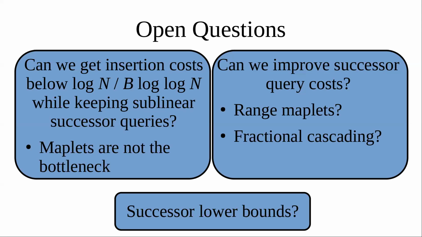Can we improve successor query cost? Right now, we're paying a higher than we would like startup cost in successor queries. People have proposed range filters; can we do something with range maplets? Maybe there's actual cascading. I really have no idea how to tackle this problem, but it would be great if we could. And of course, can we get lower bounds on successor queries that help us know how well we're actually doing? Thanks for listening.